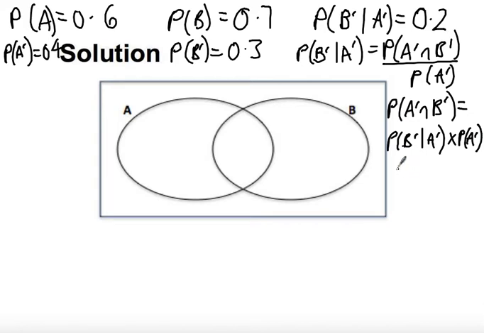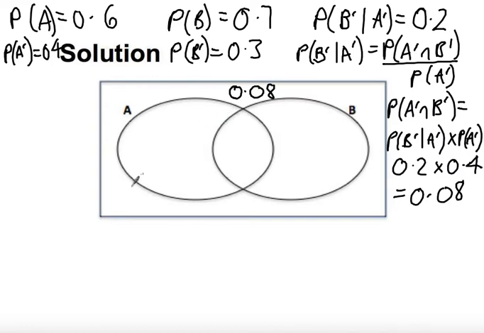So we get 0.2 times 0.4, which equals 0.08. So A complement intersect B complement, that's the area outside of our Venn diagram.